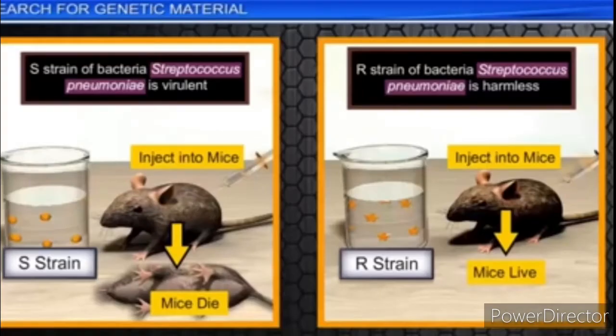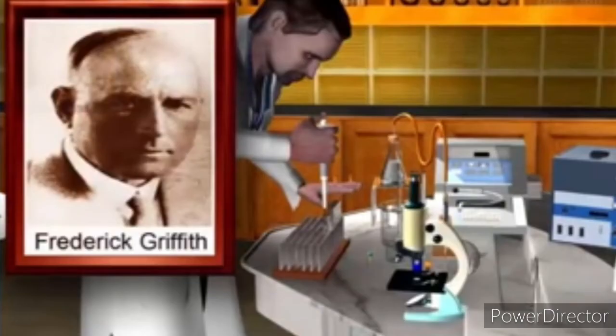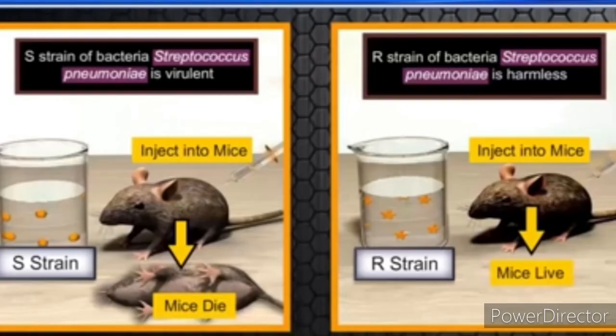S strain injected into mice died. R strain injected into mice live. Griffith was able to kill bacteria by heating them. He observed that heat killed S strain bacteria injected into mice did not kill them.